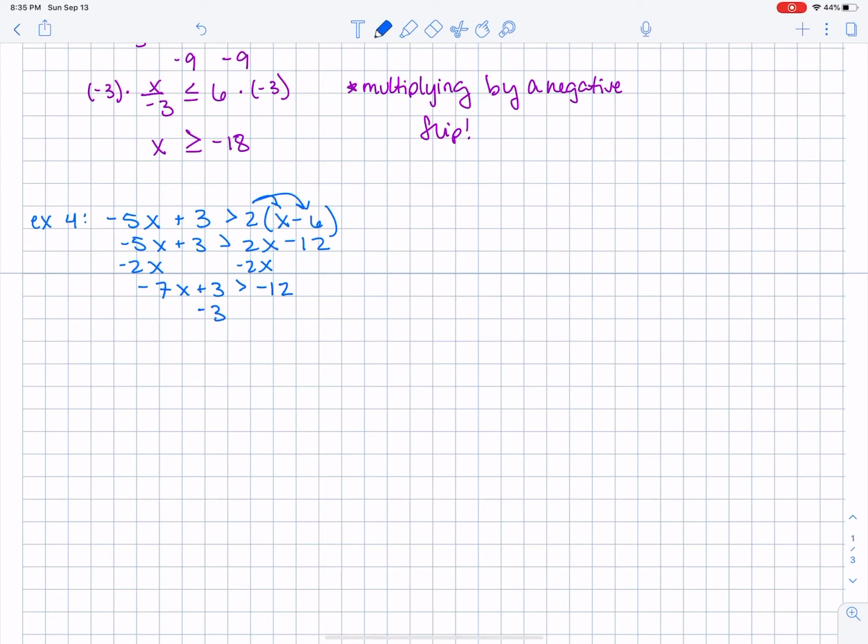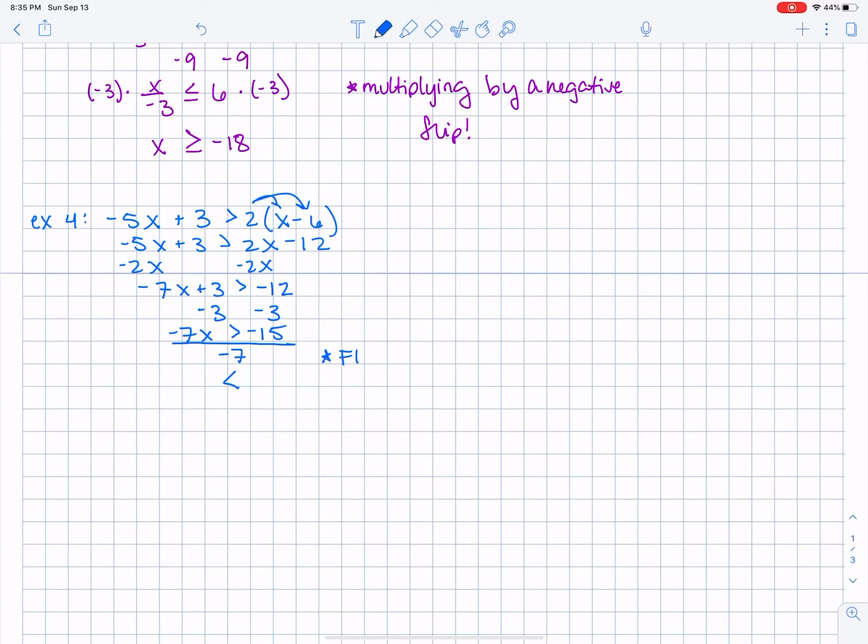Now if I minus 3, negative 7x is greater than, let's see here, sorry, negative 15. And now I need to divide by negative 7. So you need to flip.